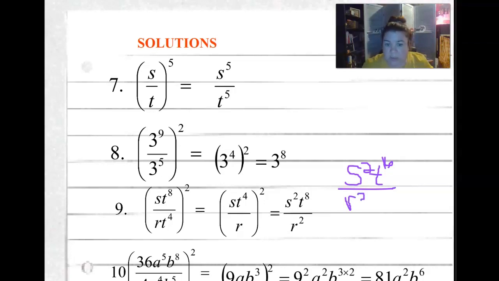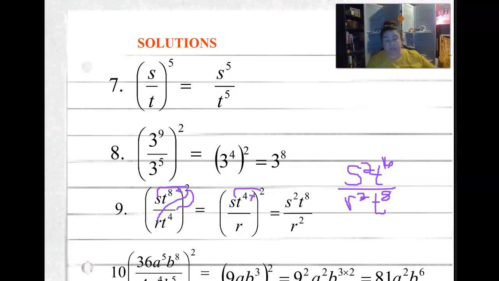So we're distributing this 2 out, right? Here, distributing the 2 out. Okay, and then we have t, and then 4 times 2 is 8.